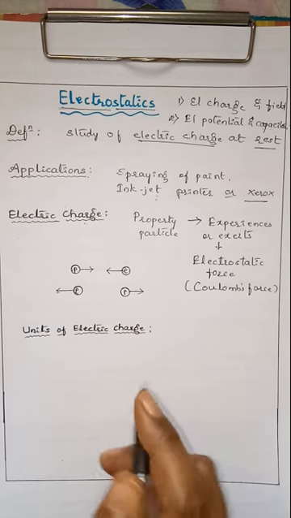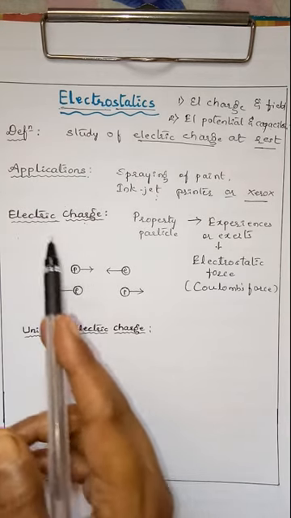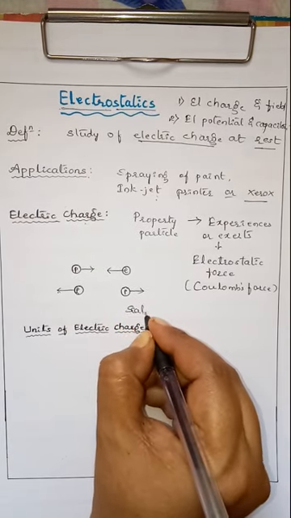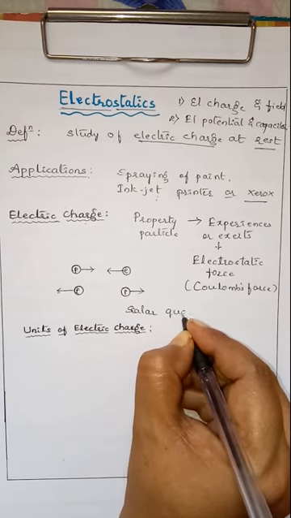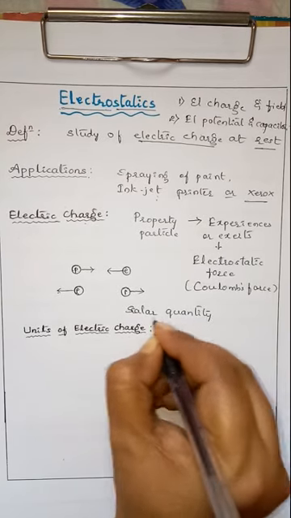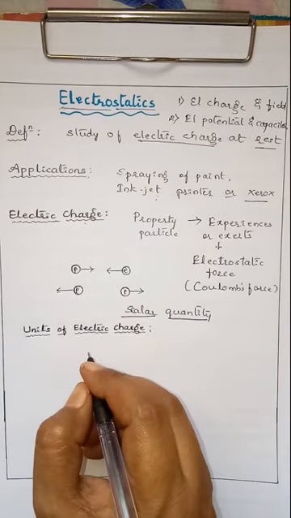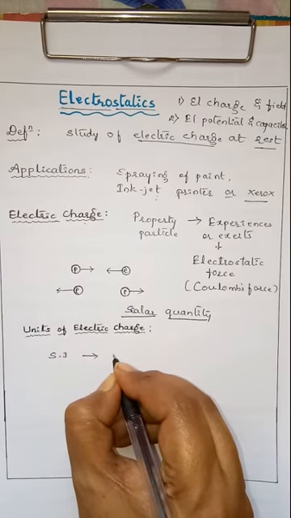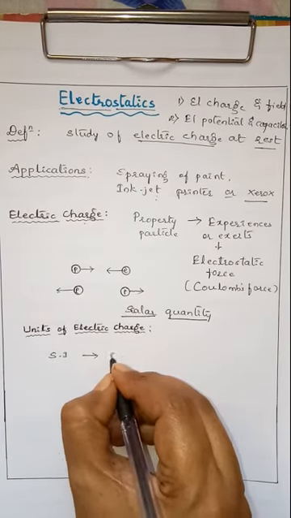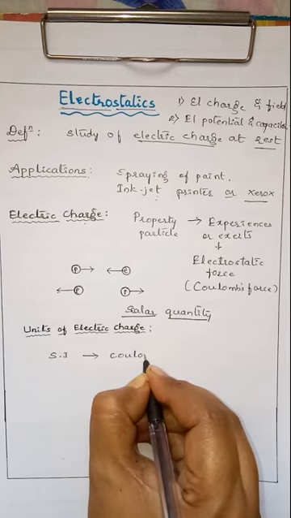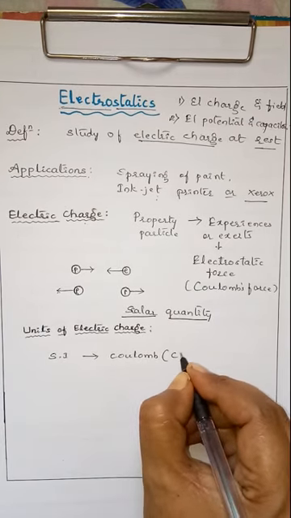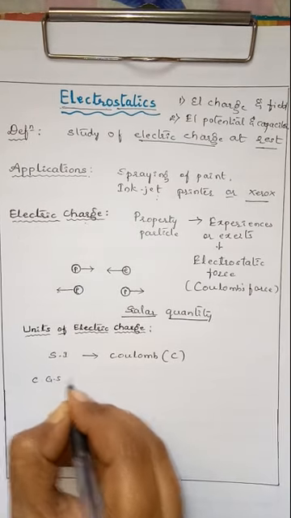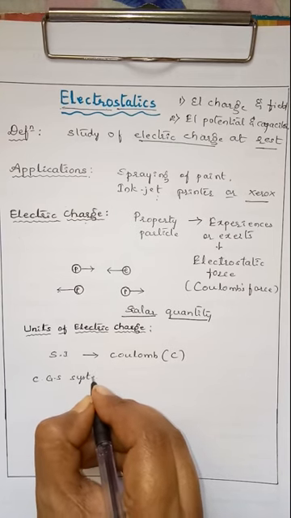Now let us see what unit you are going to use to measure this quantity, and it is a scalar quantity. To measure charge in the SI system, we have, after the scientist's name as I said, the coulomb, denoted by capital C. Whereas in the CGS system, we have two units.